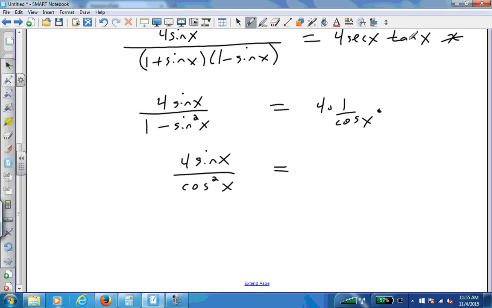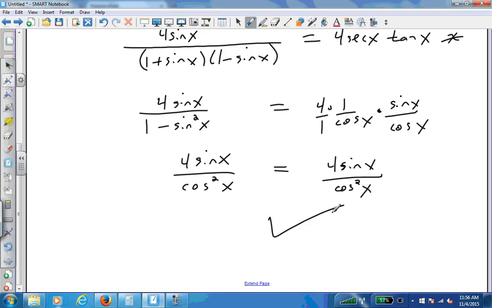What is tangent in terms of sine and cosine? Sine over cosine. So if we multiply those three out, we have 4 times 1 times sine, so 4 sine on top. 1 times cosine, so cosine squared on bottom. So it doesn't matter what we end up with as long as both sides are the same thing.